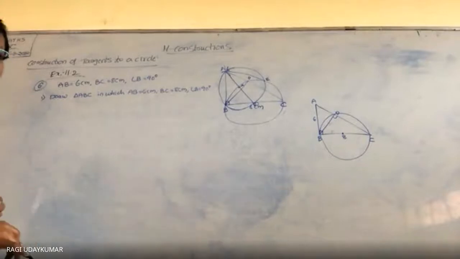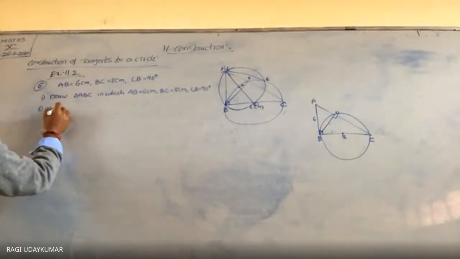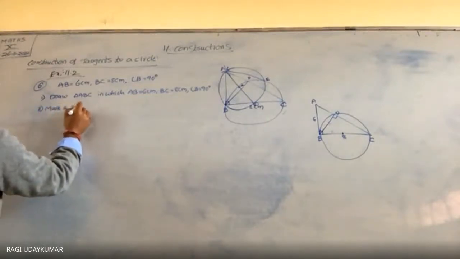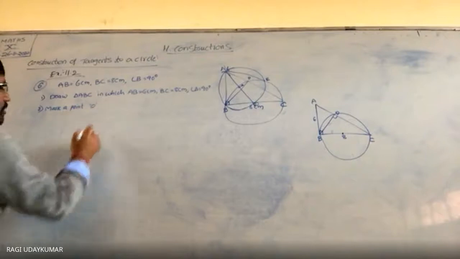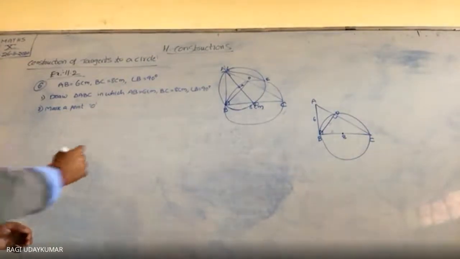Draw the triangle. Okay. After drawing the triangle, second one, mark a point O, which is midpoint of.